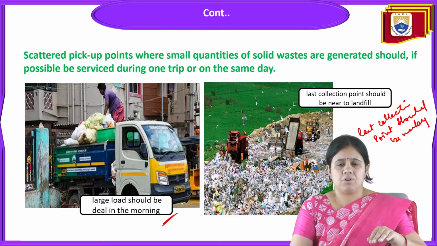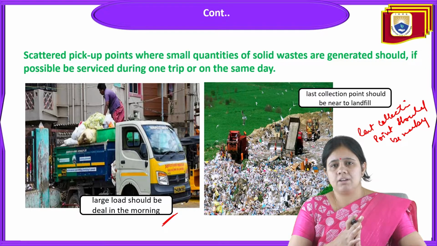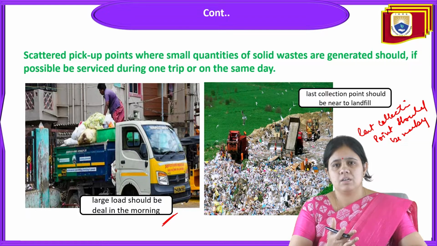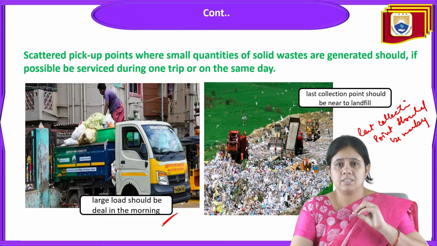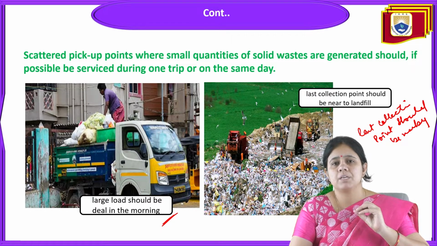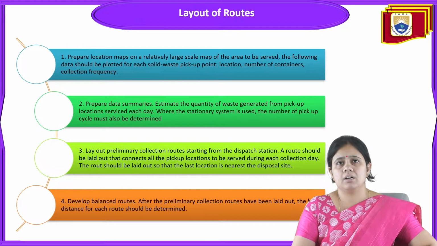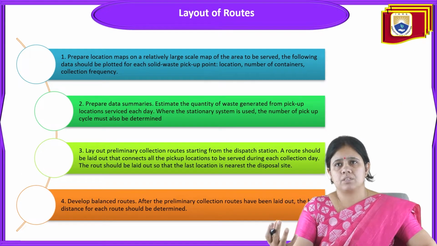If it follows an efficient, effective path, then automatically the nuisance and discomfort will be reduced. That's why, to make this operation effective, these are important points to keep in mind while designing the routes.